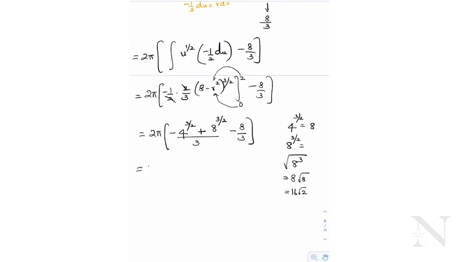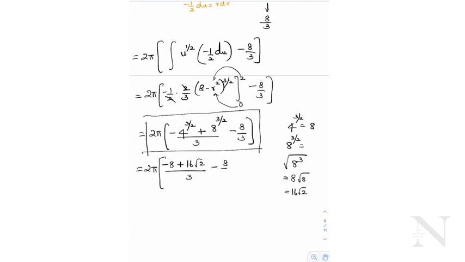So this is 2 pi, and this is an acceptable final answer. If you want, you can stop there. Or if you want to polish this a little bit, it's going to be negative 8 plus 16 root 2 over 3, minus 8/3. That gives you a negative 8/3 minus 8/3, that's a negative 16 over 3.